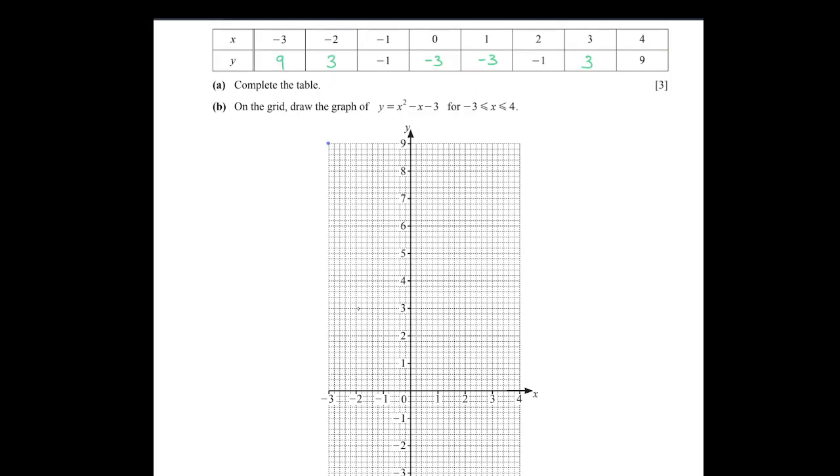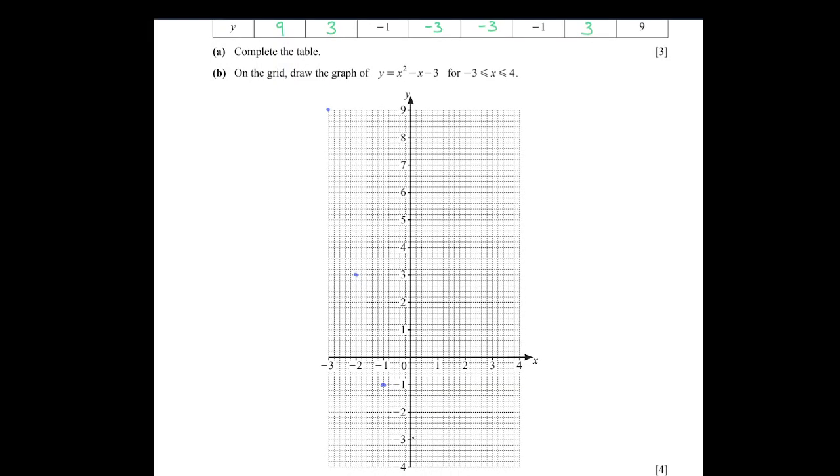So here, minus 2, 3. Minus 1, minus 1 is here. Exactly. Minus 1, minus 1. 0, minus 3, little bit below here.